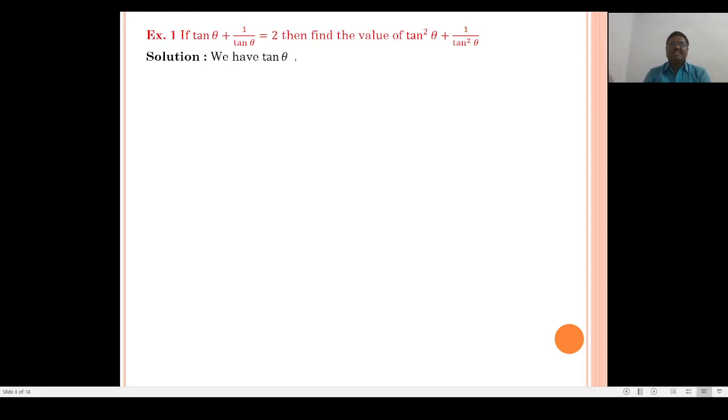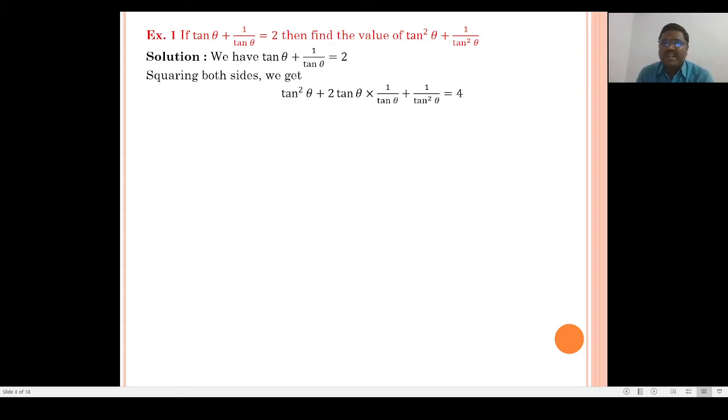So we see the next examples. Exercise 2.1: if tan theta plus 1 upon tan theta equals 2, then find the value of tan square theta plus 1 upon tan square theta. We know that tan theta plus 1 upon tan theta equals 2. Squaring on both sides, we get tan square theta plus 2 tan theta into 1 by tan theta plus 1 by tan square theta equals 4.